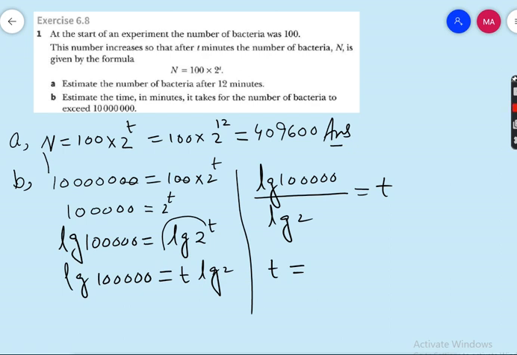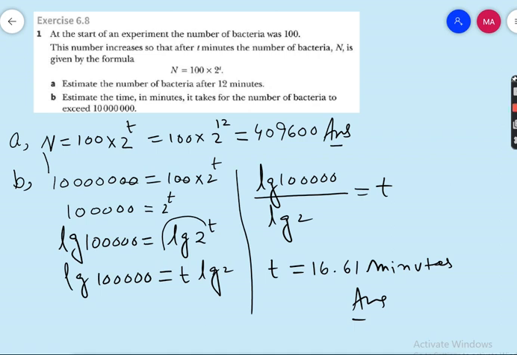After this, the calculator gives me the answer: 16.61 minutes, because t is in minutes. This is given in the question.